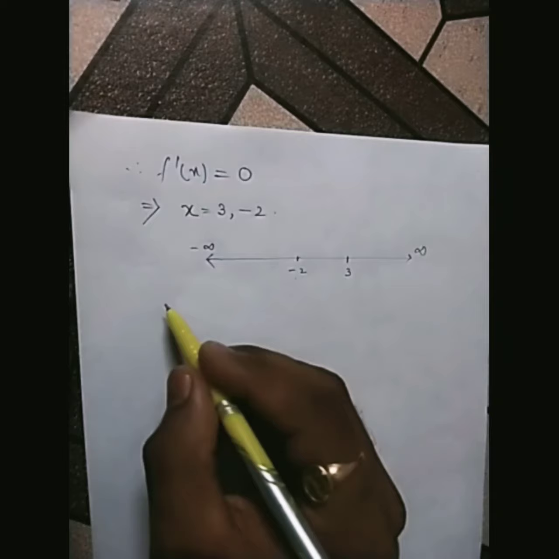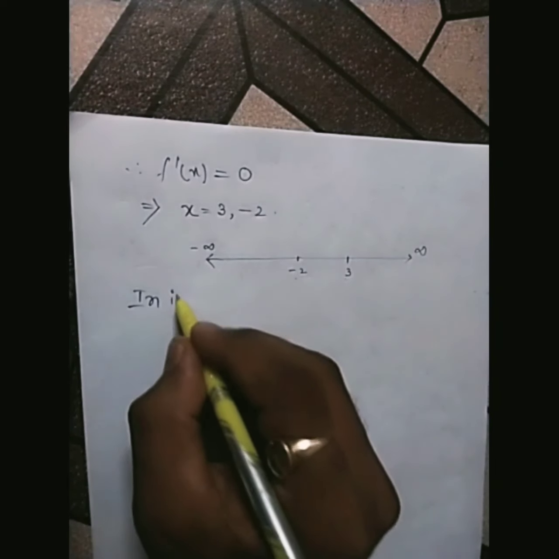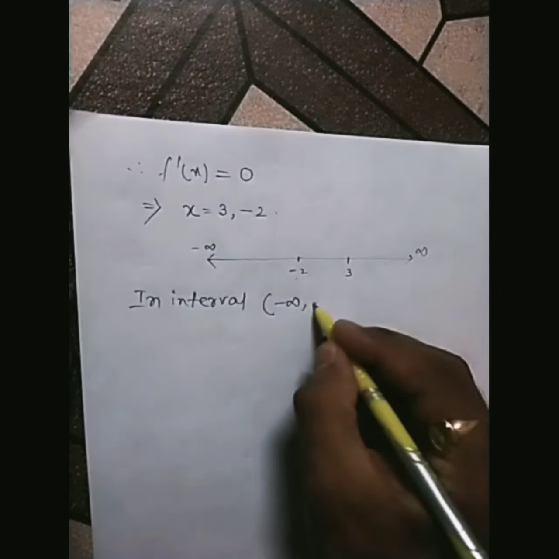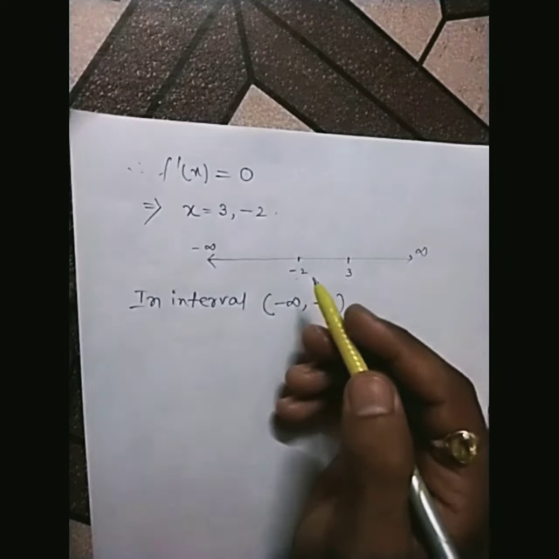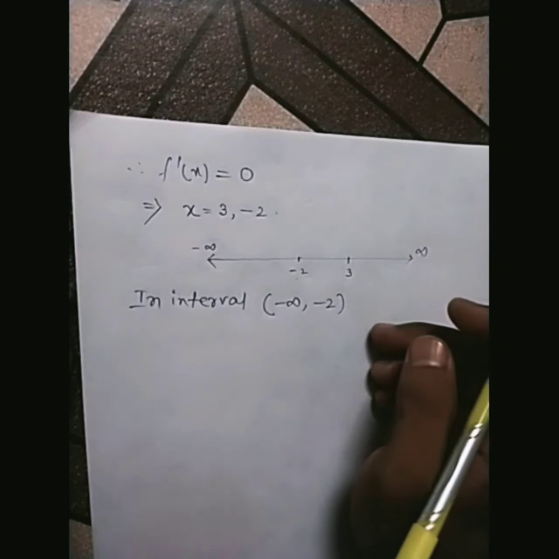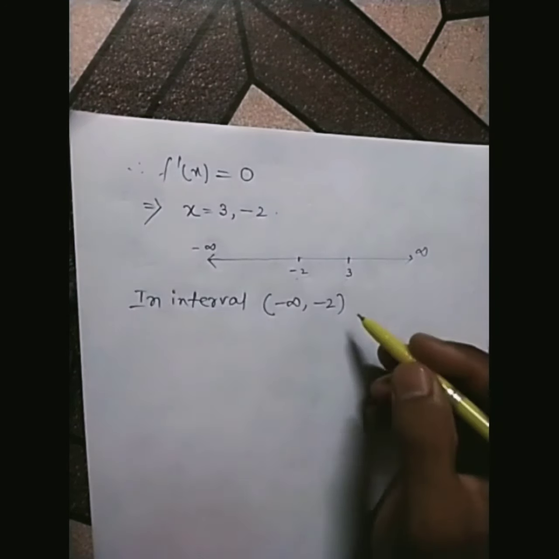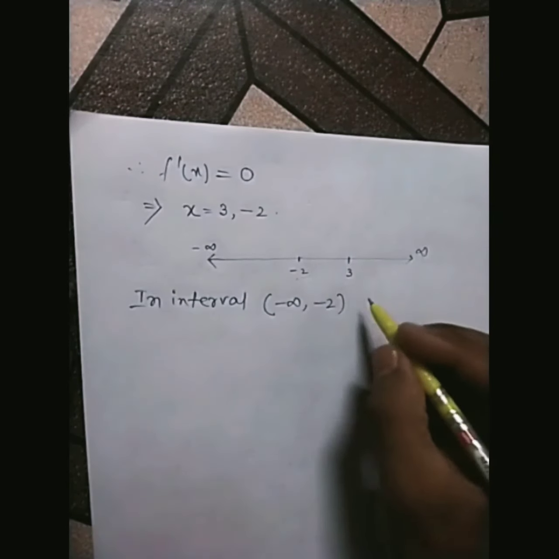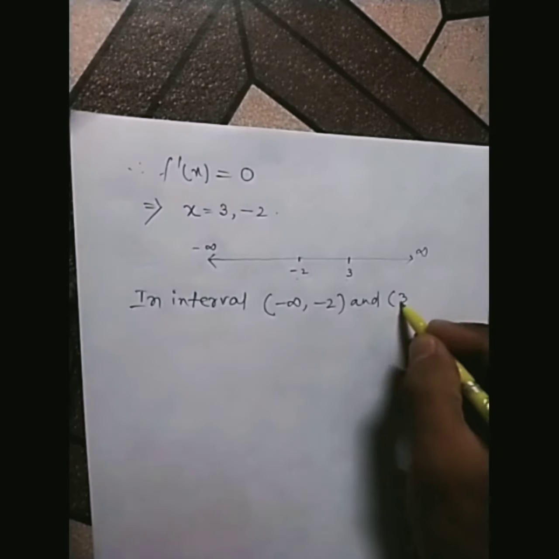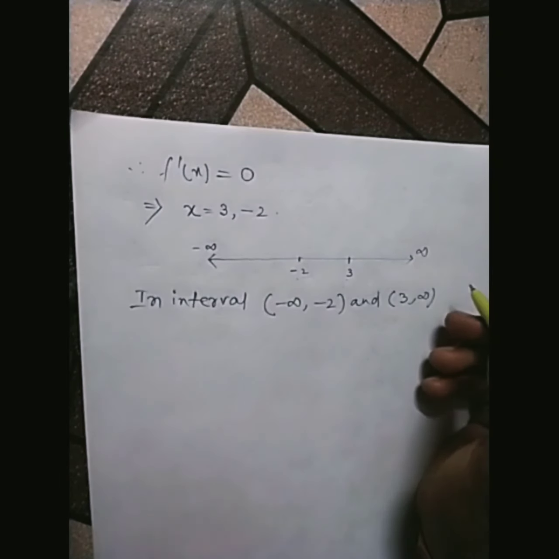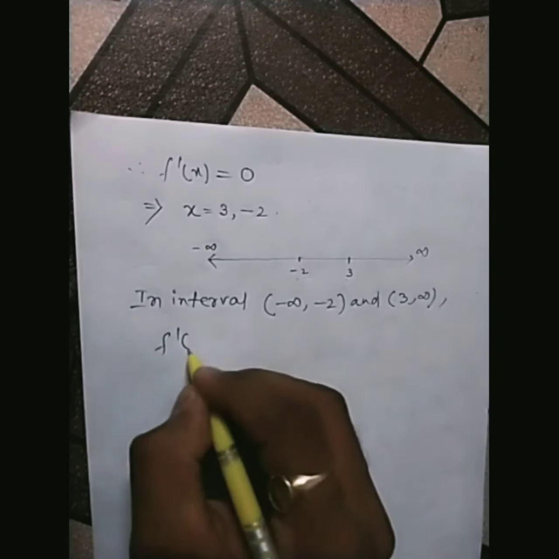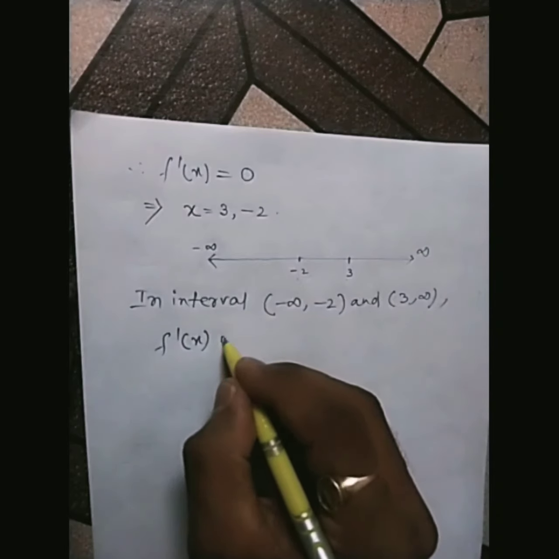Okay, so let us see in interval (-infinity, -2). I am taking the first interval. So what you are getting, you see, take it negative, then you are getting this as positive. In this and in (3, infinity), see what you are getting, f'(x) is positive.